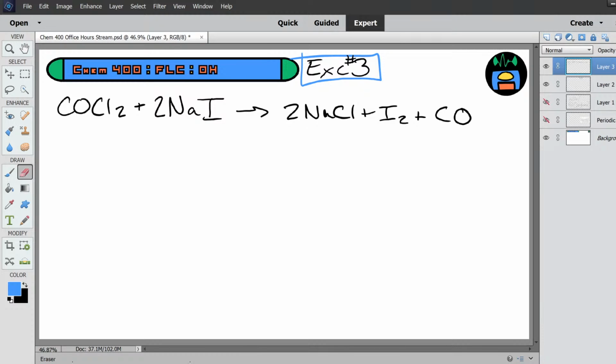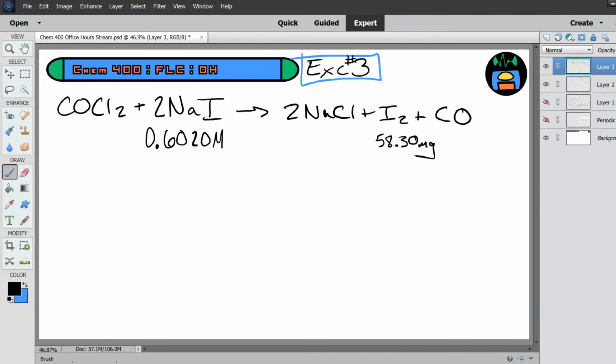Here's where I'm going to change the numbers. I'm going to use a 0.6002 molar solution of sodium iodide. And we're told that we produce, and here I get to make up the number again, 58.30 milligrams of I2.